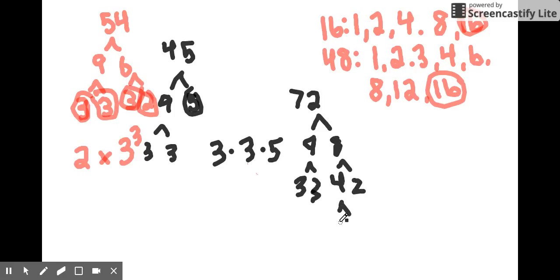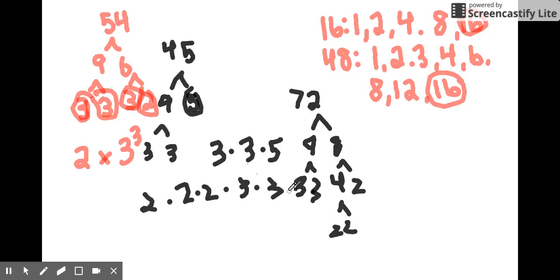And then 4 can break down to 2 and 2. So these would all be circled. I'm just not going to circle them because it gets really hard and sloppy. So we have 3, 3, 2, 2, and 2. So it would be 2 times 2, and then 3 times 3. Oops, I forgot a 2. So I'm going to back up and put that in there.